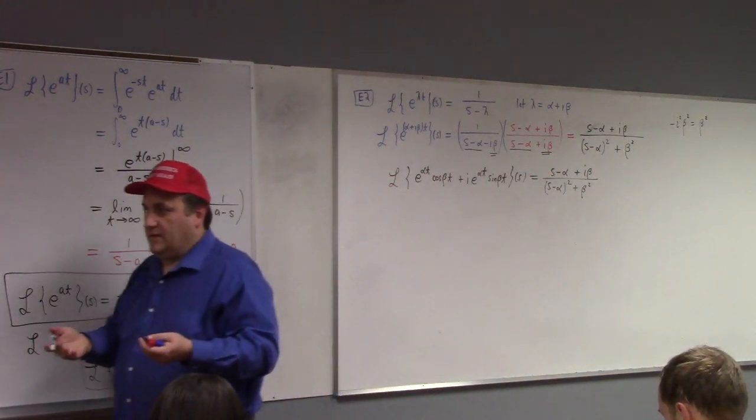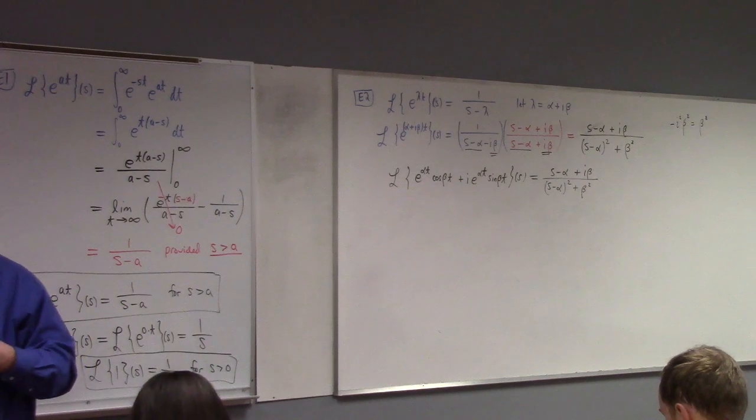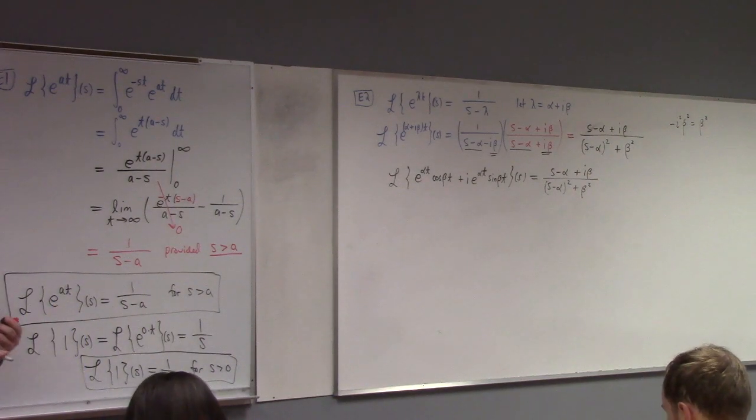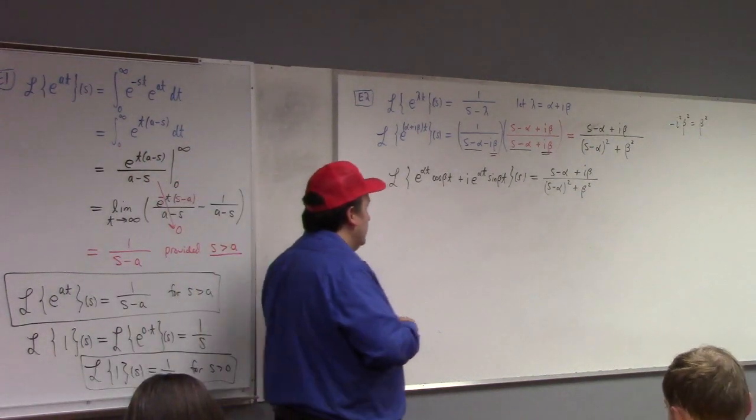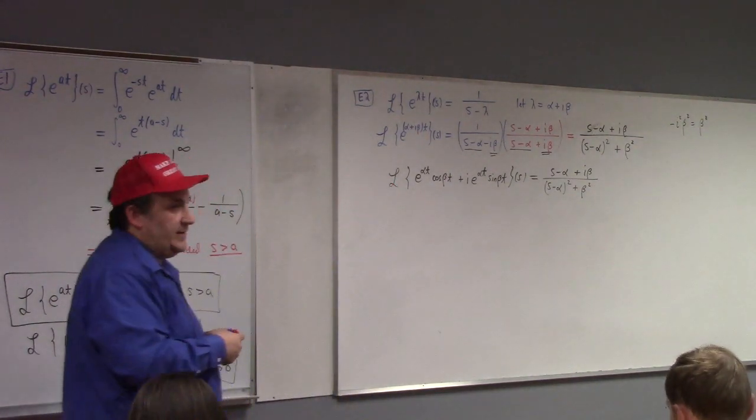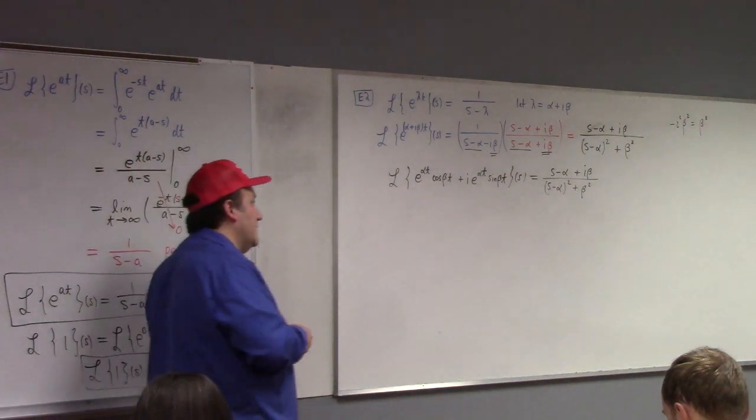But we just saw that the Laplace transform is linear. And trust me when I tell you that these notions of improper integration extend well into the context of complex valued functions of a real variable.